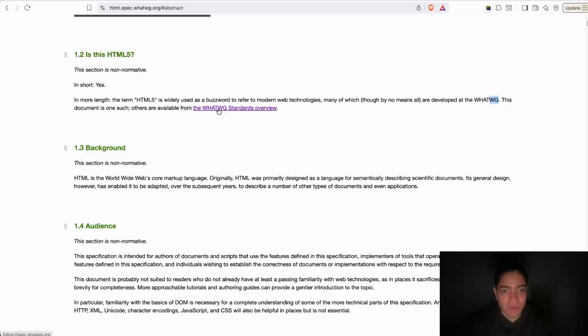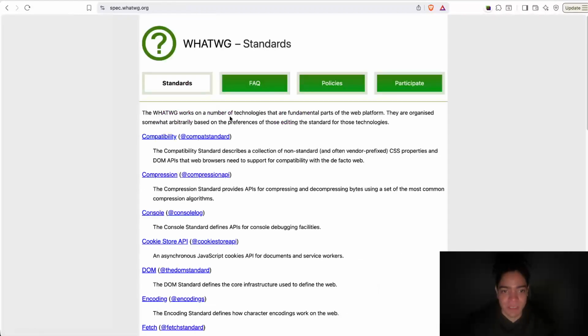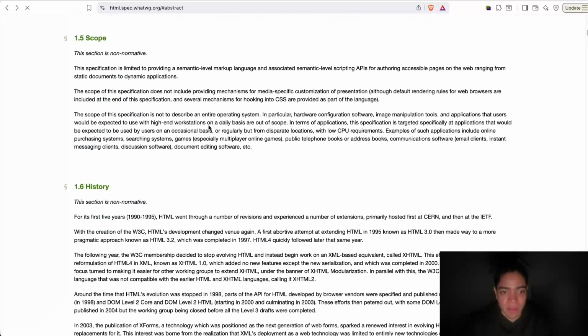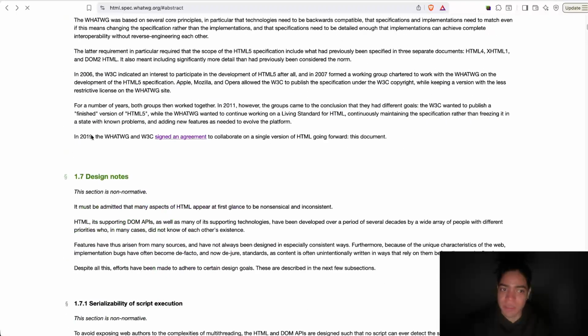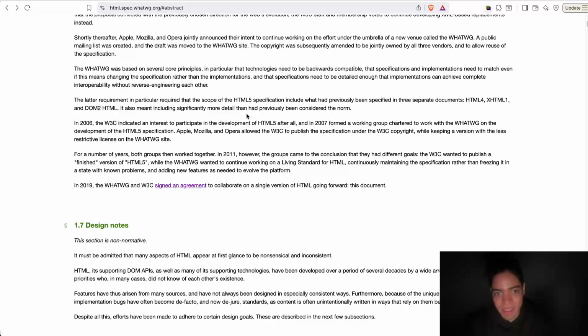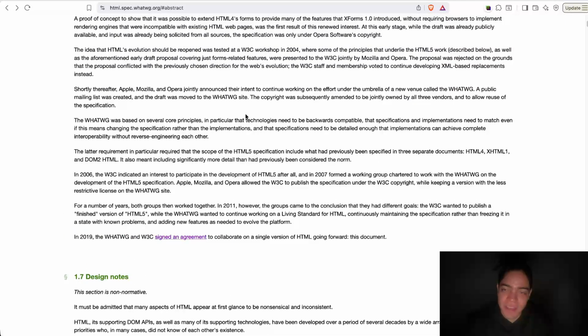In 2019 they signed a document, which you can read about here, that said, hey, let's collaborate on a single version of HTML going forward. There was a lot of pushback and stuff like that until they said, hey, you know what? No. We need to centralize all of our efforts and move towards that.